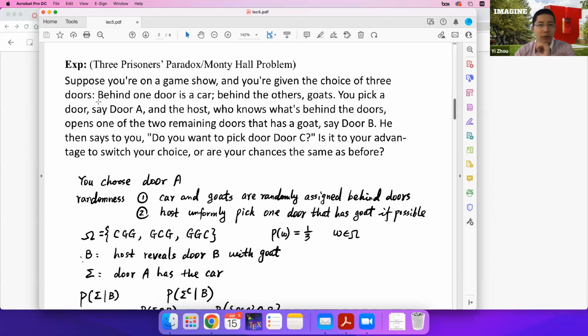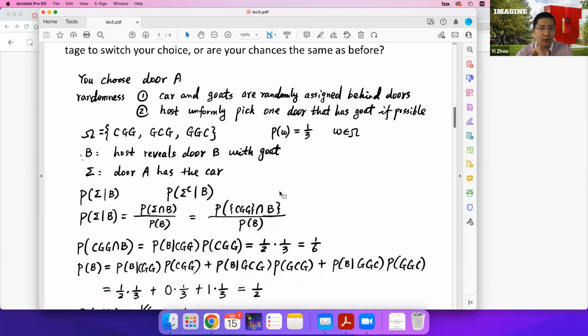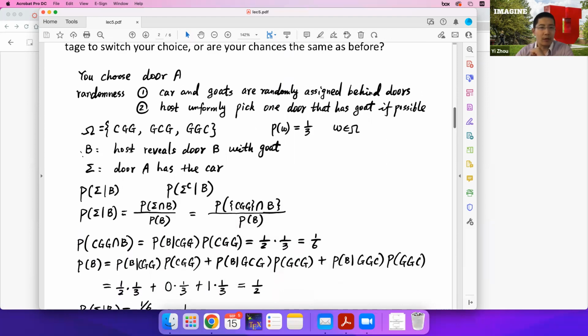Okay. With this condition specified, I think then we can look at this calculation again. So these are all the possible outcomes for the 3 doors. The car can be in the first door, behind the second door, or behind the third door.